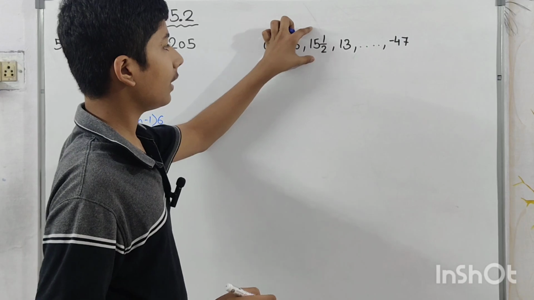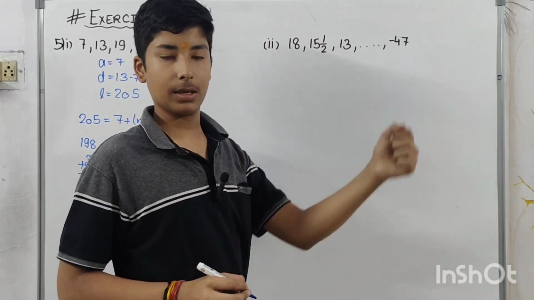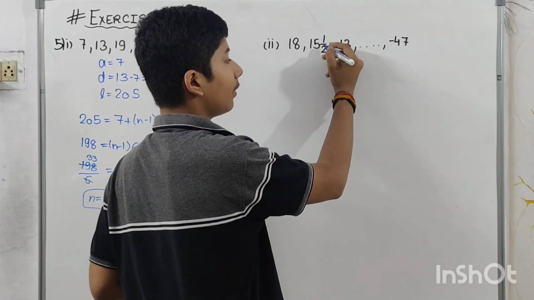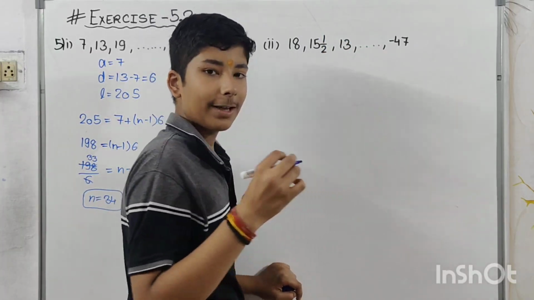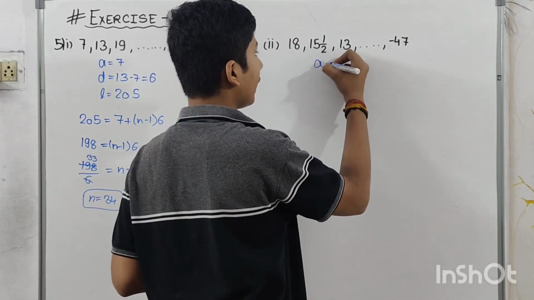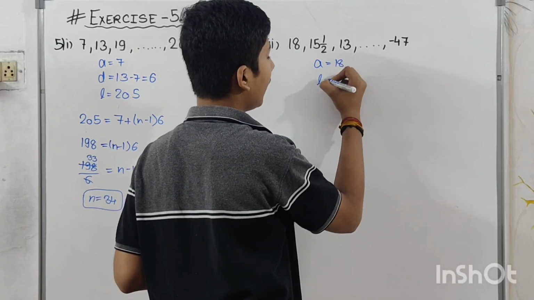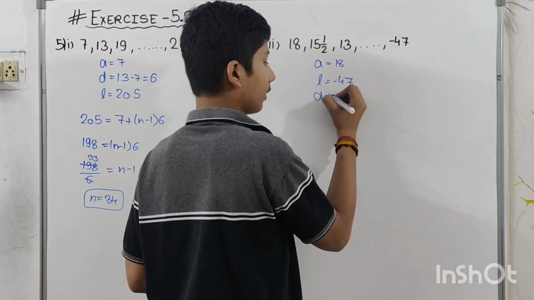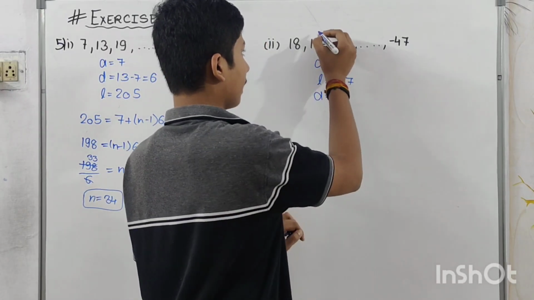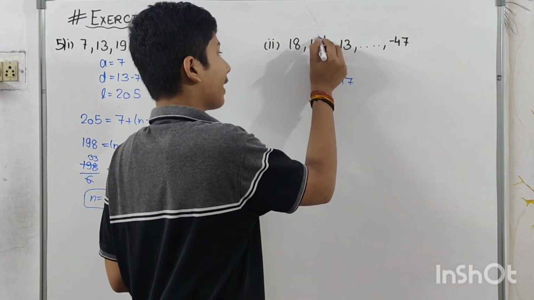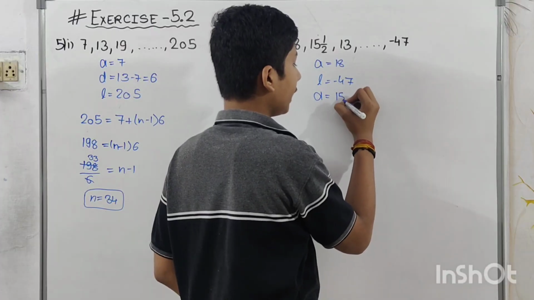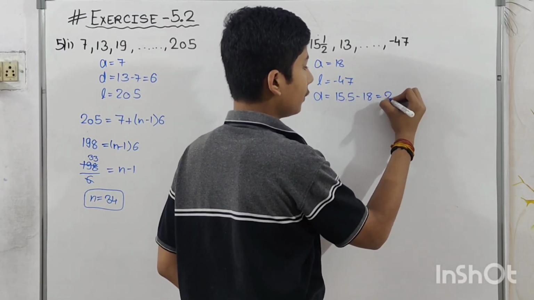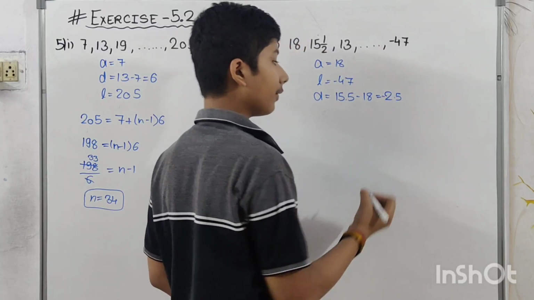You might have seen that this is decreasing. The order is decreasing. And you can see that there is 1 by 2, which we can write as .5 also. So A is 18, L is minus 47. Now what will be the common difference? Since it is decreasing, always remember: second term minus first term. 15.5 minus 18, which will be 2.5, that too negative.